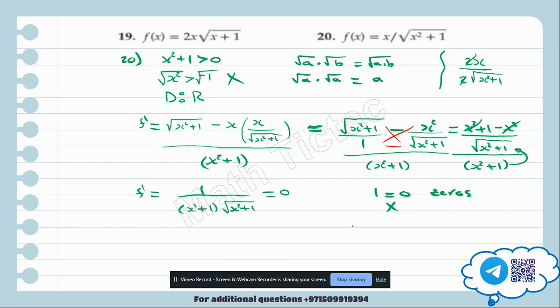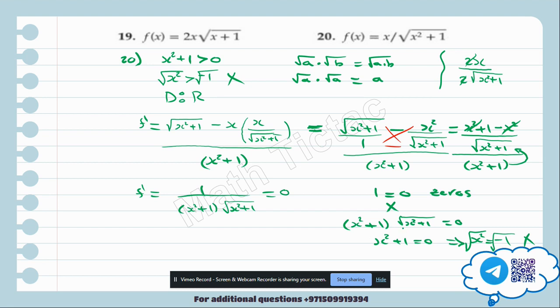Now let's make the denominator equal to 0 to find the undefined values. x squared plus 1 equals 0, which gives x squared equal to minus 1. Once you try to take the square root, it is rejected because we don't have a square root for a negative value.